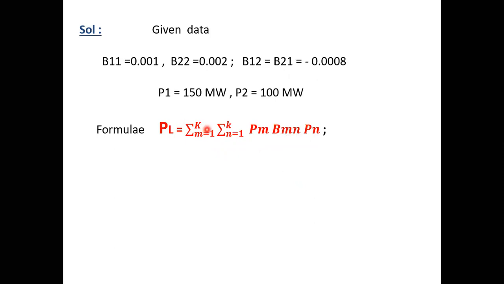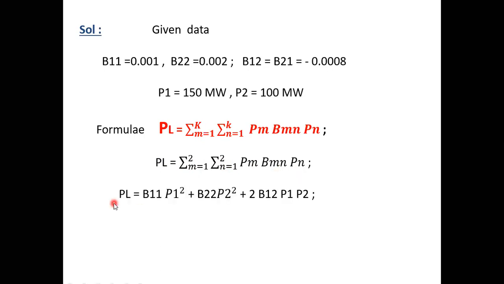For example, when we consider k equal to 2, it means we are considering 2 units or 2 thermal systems. Here we are considering only 2 units. So that's why we can represent sigma m equals 1 to 2, sigma n equals 1 to 2, Pm Bmn Pn. Try to expand this expression.